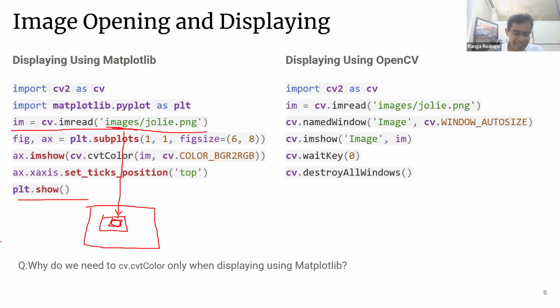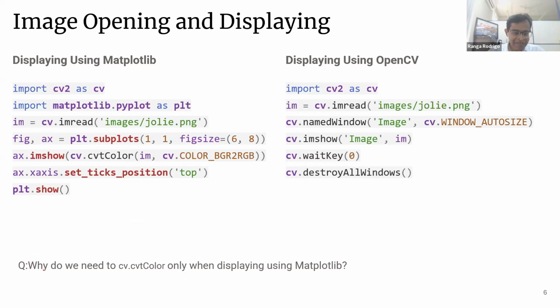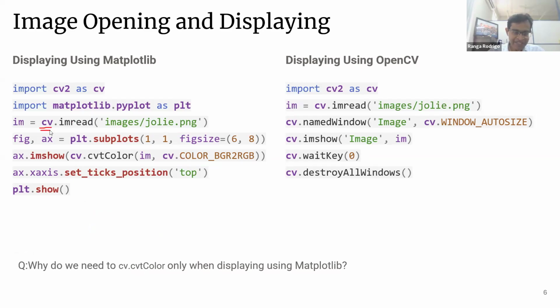But there is a small thing that we noticed last time. When we open an image using OpenCV, so you can see the image opening is using cv, the OpenCV package, and we are displaying using imshow, which is a Matplotlib function, the color spaces have to be matched.